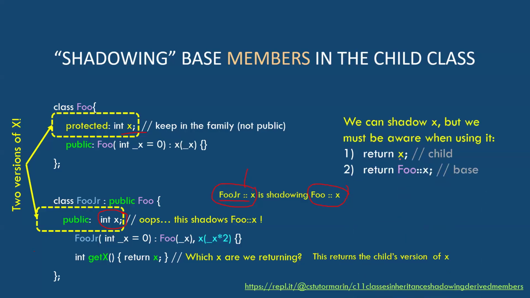So when we're returning something, we could say return base class X versus this X. This is the child's X, but we could have said Foo::x if we really wanted to. Kind of silly to cause yourself so much risk by naming those two things the same, but that's one way to be highly specific about where that thing is coming from.